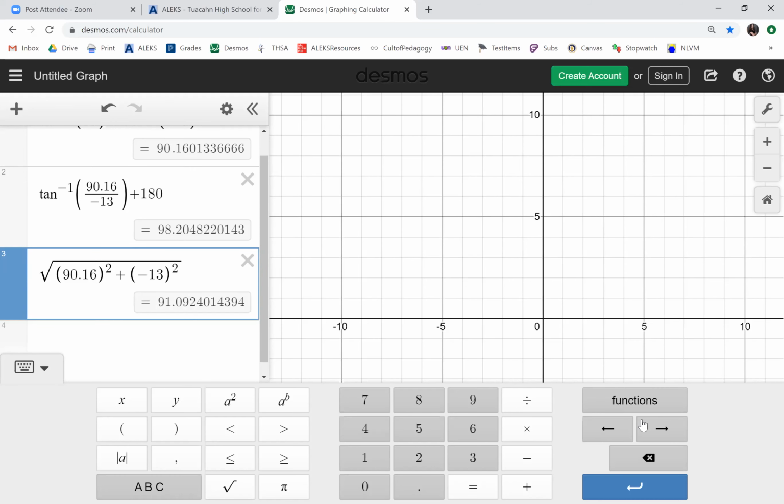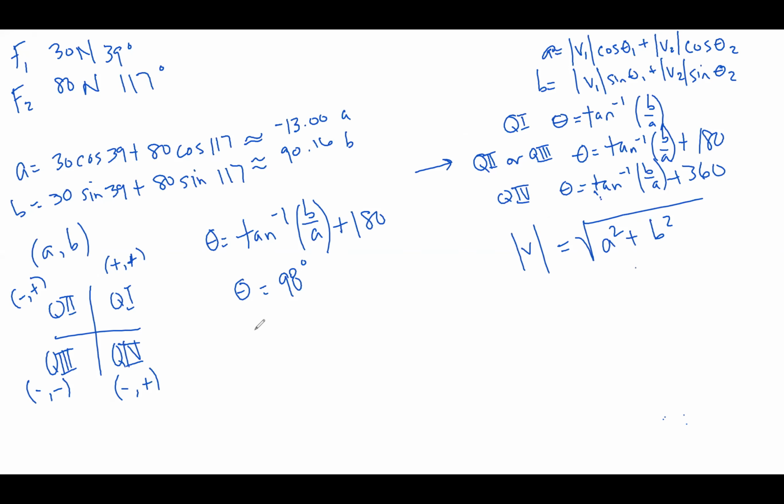Rounded, it's going to be 91. So our resultant vector is approximately 91 newtons. These should all be approximately.